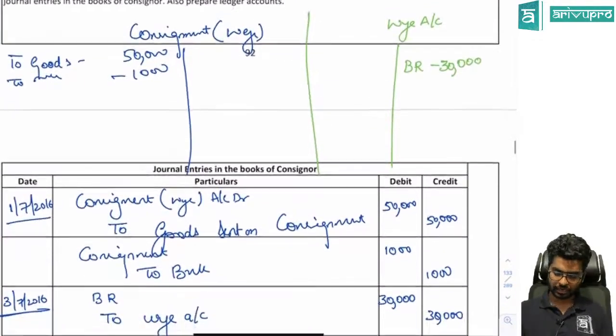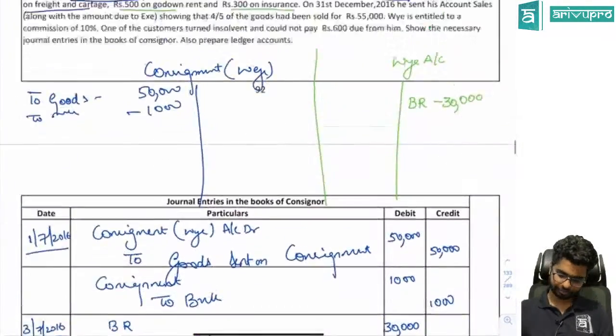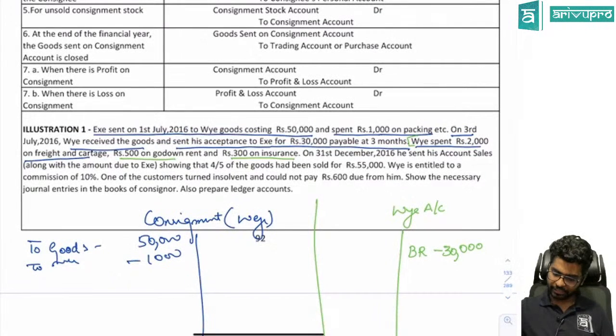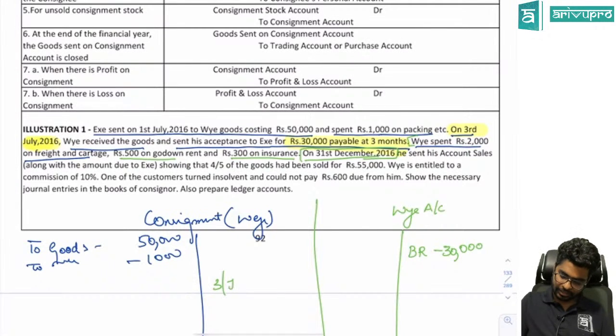Okay. Now you are getting your account sales date on what? 31st December. When did he draw a bill? For how many months? 3 months. Correct? From 3rd July 2016.